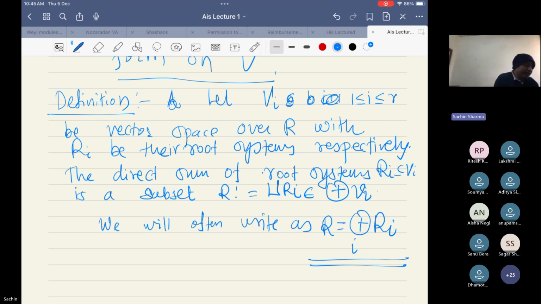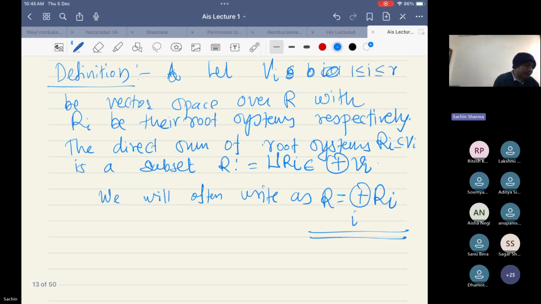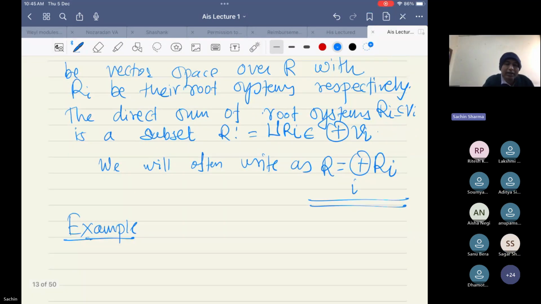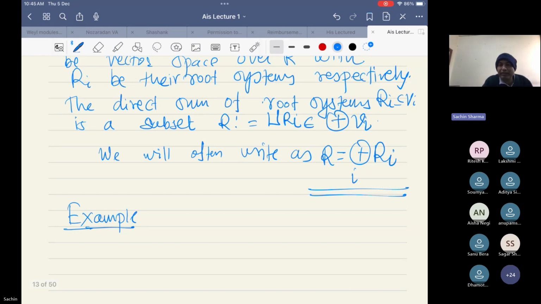Now, what is crucial is that we have already seen an example of a direct sum of root systems. Anybody noticed it? Yes, in R2 we had seen two examples.